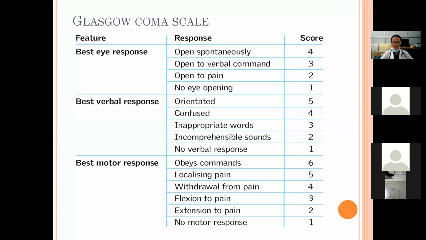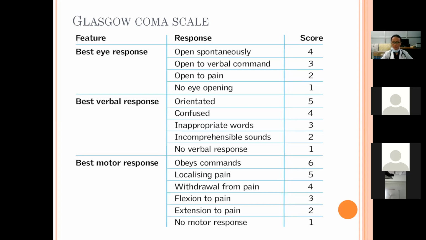If it is 15 or 14, it is normal. If it is not normal, then you grade it as unconsciousness, and the grading of unconsciousness can be mild, moderate, and severe. So the mild unconsciousness is a score of 12 to 13, and moderate is 9 to 11, and severe unconsciousness is a score of 3 to 8, and a score of 3 gives an indication that the child is in coma.